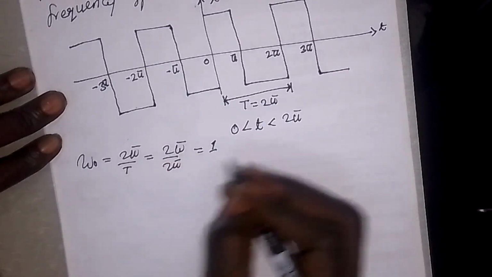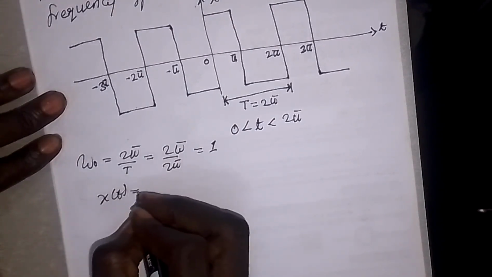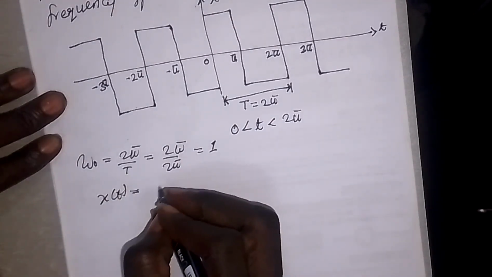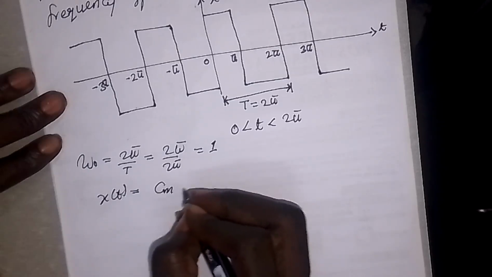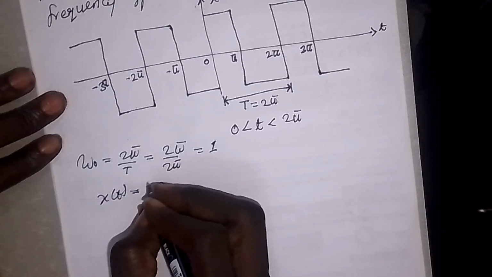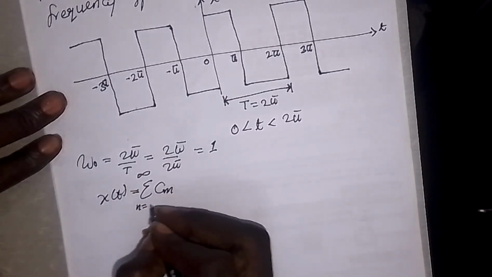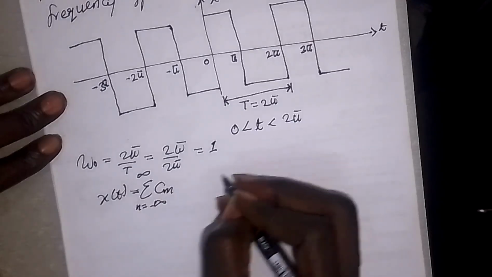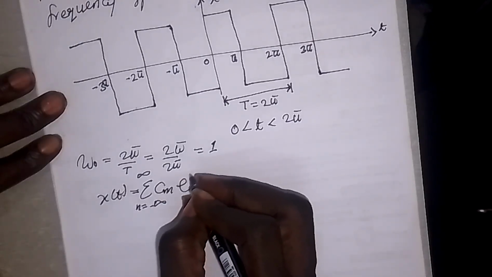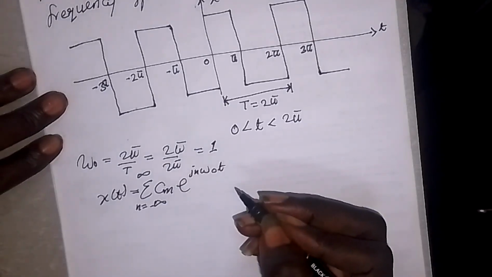So the exponential Fourier series x of t is equal to the summation from n equals negative infinity to infinity of Cn into e^(j n omega naught t).